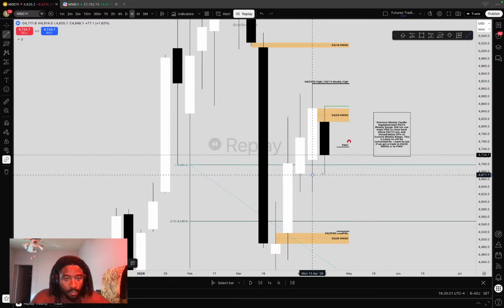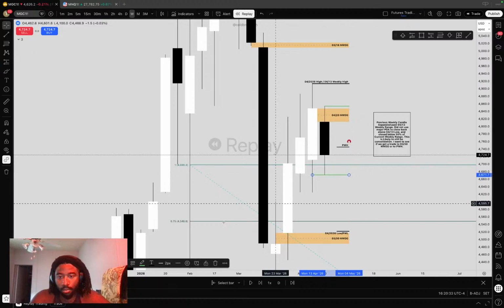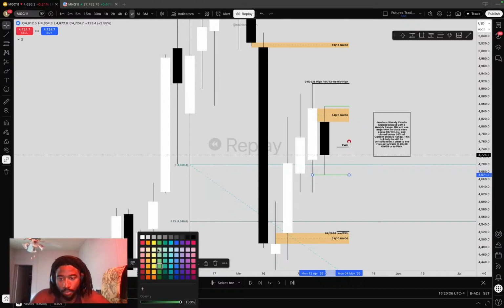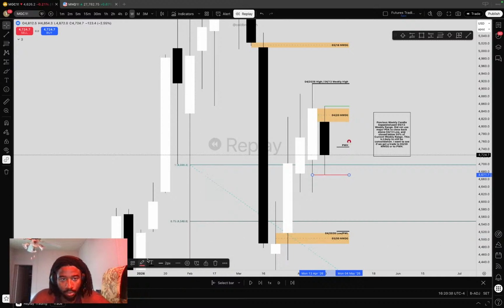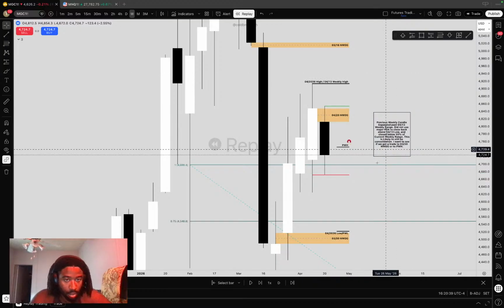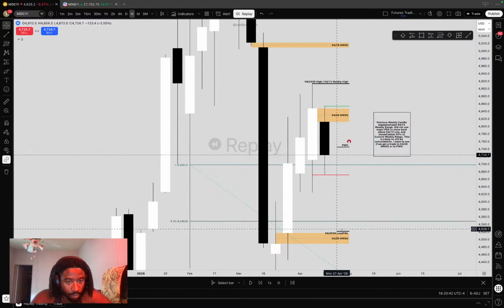Yeah, we're gonna label it with red. Only reason I'm doing this is just so that I remember what is the previous week's low and high, compared to what we have labeled for the current week, right?